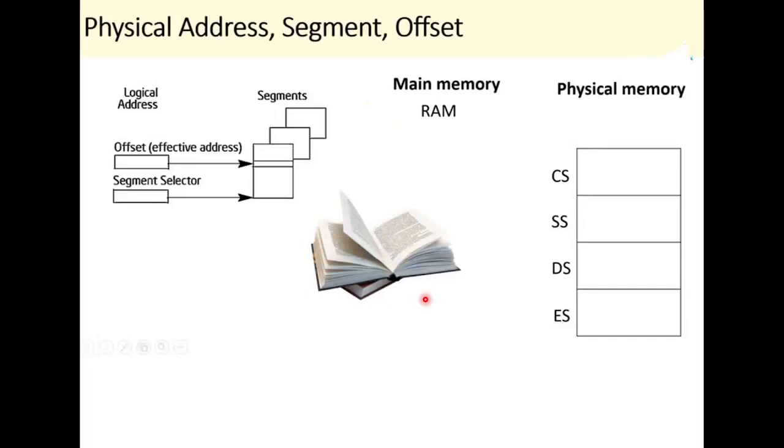For example, the chapter number is 3, and in that chapter 3, on the 50th page my concept is there. Chapter 3 is nothing but the segment address.